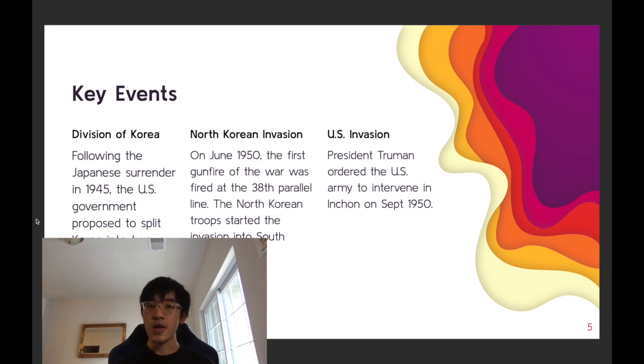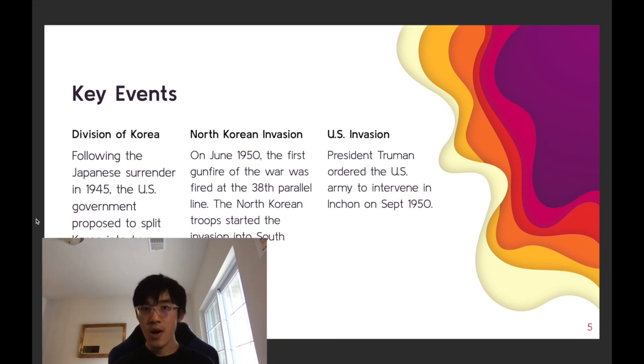The US government, in order to counter this, proposed a plan to split Korea into two. And 5 years later, in June of 1950, the North Korean leader at the time, Kim Il-sung, decided to invade South Korea at the 38th parallel, which officially started the Korean War.